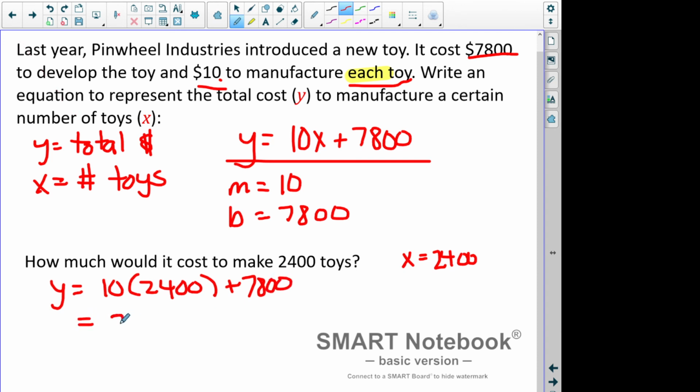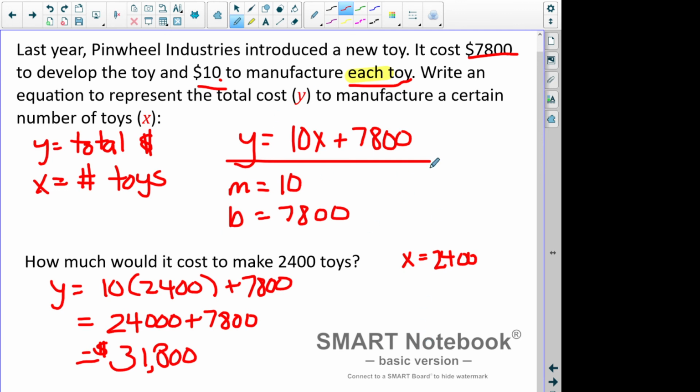And so what is that? 24,000 plus 7,800. I think that's 31,800. Okay, so it costs $31,800 to make 2,400 toys.